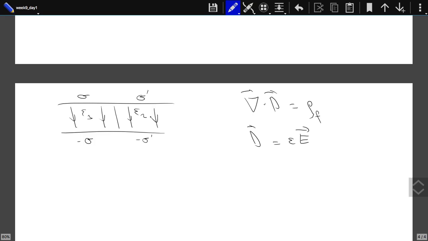Now, if they are perpendicular, I can use the Gauss law. Because you see, the problem with using the Gauss law is that how do you evaluate the surface integral over a closed surface without knowing what the displacement field is? But in this case, since I'm assuming that the displacement field is perpendicular, I can take such a surface.